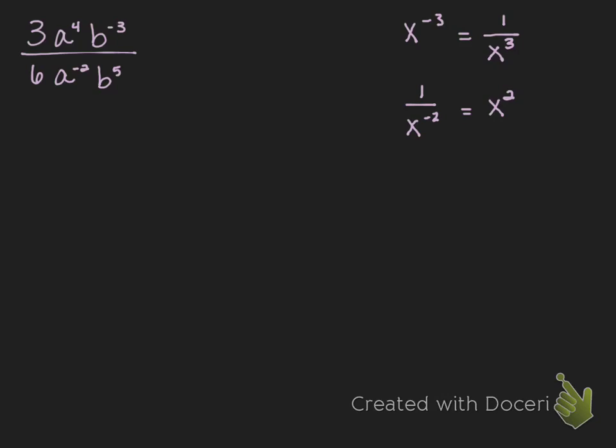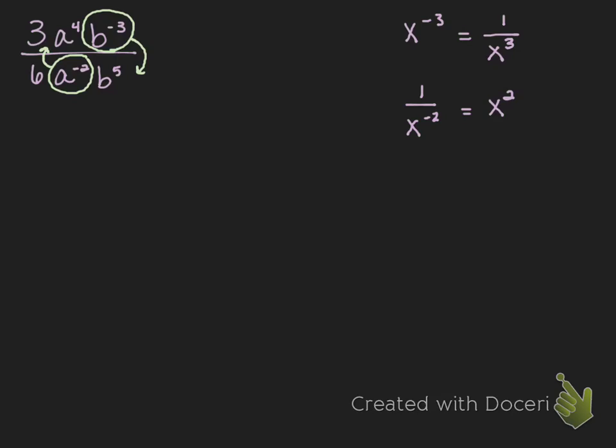So the first thing we want to do is take care of our negative exponent values by rewriting them as the positive reciprocals. So we have this b to the negative third power and this a to the negative second power. To write this as a reciprocal, the b to the negative third will be moved to the denominator to become b to the positive third power, and our a to the negative second power will be moved into the numerator to become a to the positive second power.